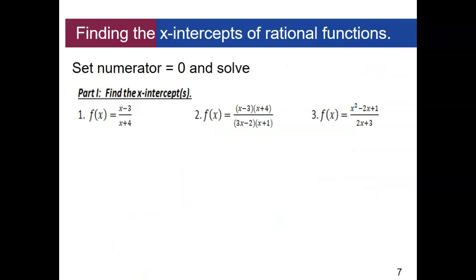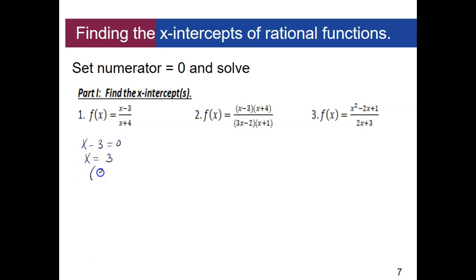Okay, there are different characteristics of rational functions, and I'm going to go through and take these one by one for these three functions so that you can see how to approach each one of them. Anytime you're asked to find the x-intercepts for a rational function, the only thing you really need to look at is the numerator. So we're going to set our numerator equal to 0 and solve, and that's going to give us our x-intercept. Looking at this one, I would have x minus 3 equals 0, so my x-intercept is 3.